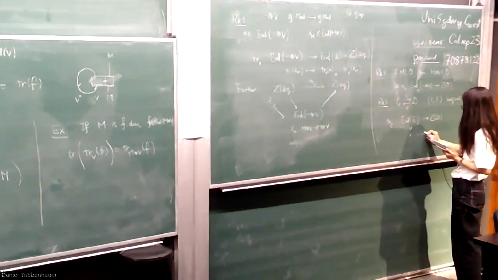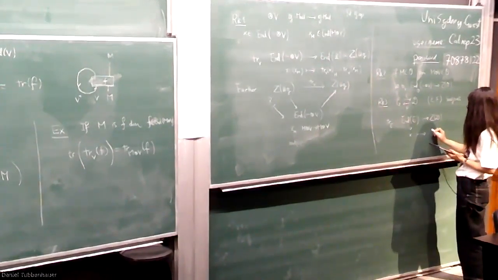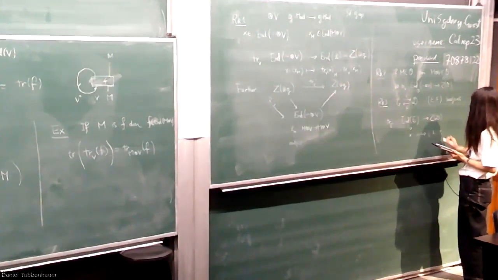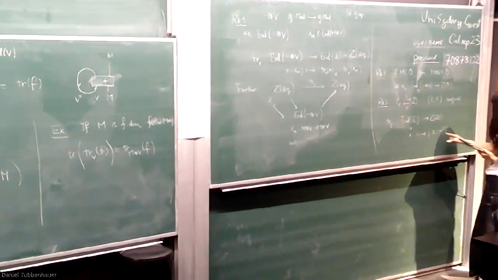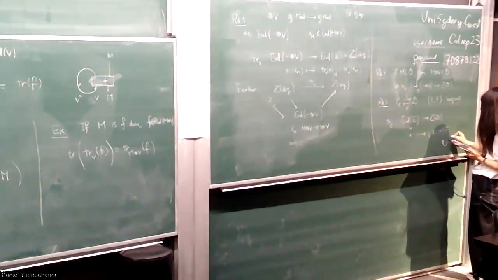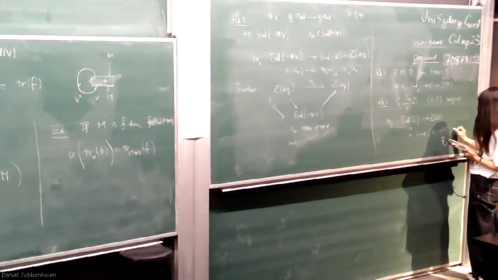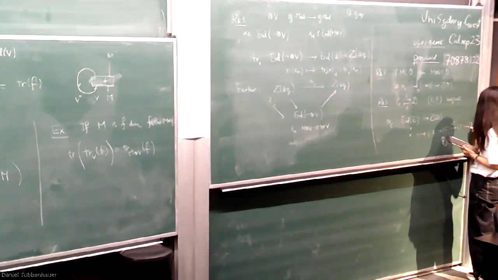If X is a natural transformation of E, and say E is up and F is down, you first use this one, then put in your X here, and then you go back to 1.